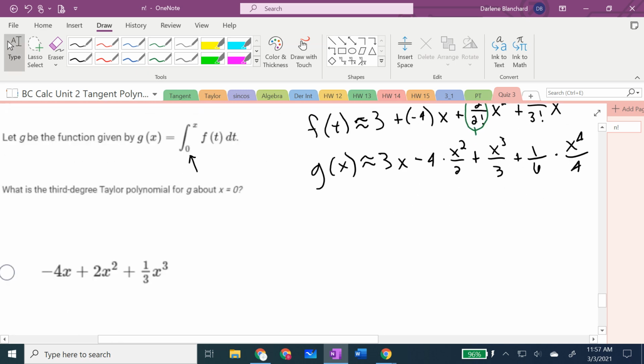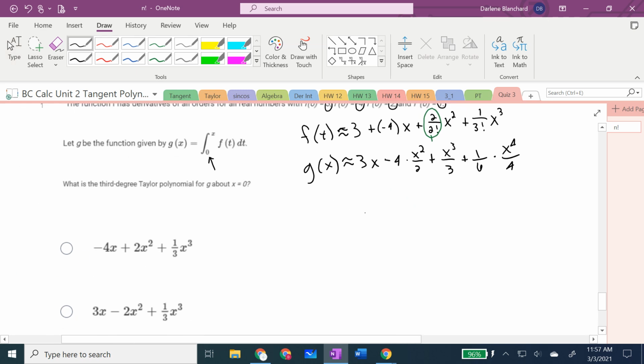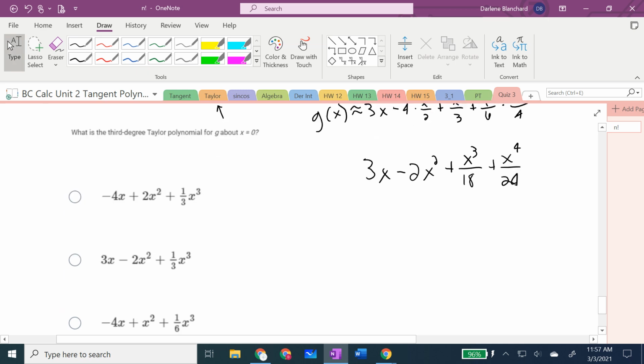And then it's just a matter of figuring out which one is the same. So that's going to be simplifying to a 2 there. And x cubed over 6 times 3 is 18. 24. Let's see, who matches that?